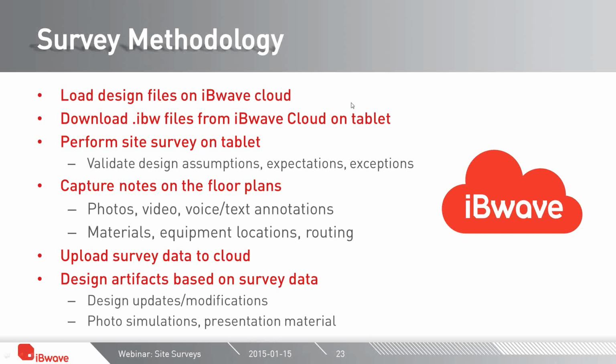In the process of that, we're capturing the notes associated with the reality, be it photos, text annotations, what have you, and things that I mentioned earlier, power, grounding, space, all of those great things that tend to be a challenge. And we push that data back up onto the cloud, and then the design artifacts associated with that sit with the design. So out of that, we'll bring out photo simulations, presentation material that I alluded to, and obviously we're managing and maintaining the design moving forward based on that.